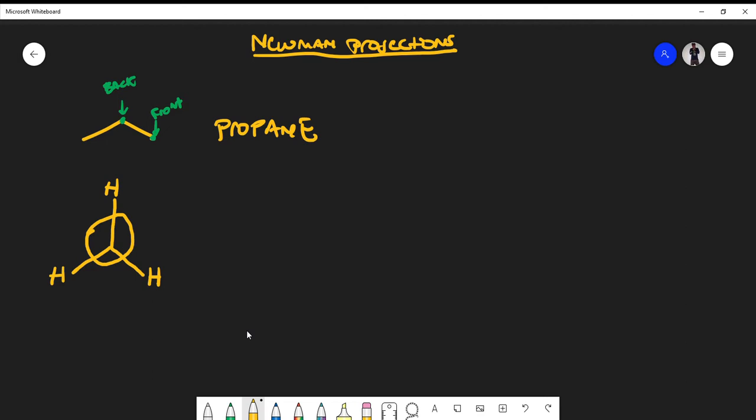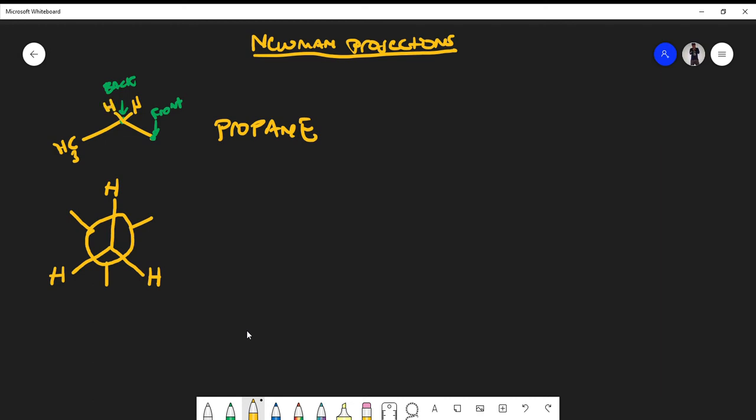On the back carbon, I'm going to draw 3 little ticks, as I call them, and that represents the 3 substituents on the back carbon. Bear with me here. On the back carbon, we have a CH3, 1 hydrogen, and another hydrogen.